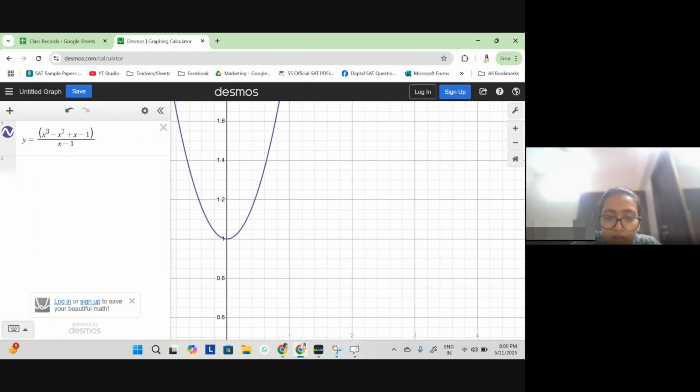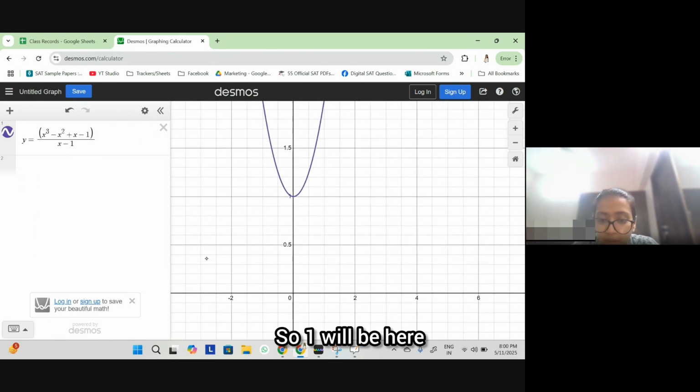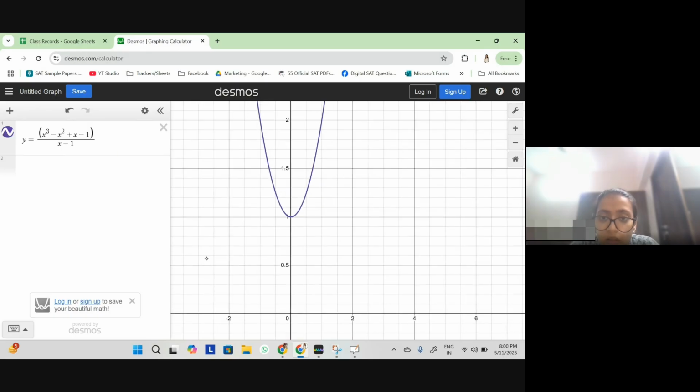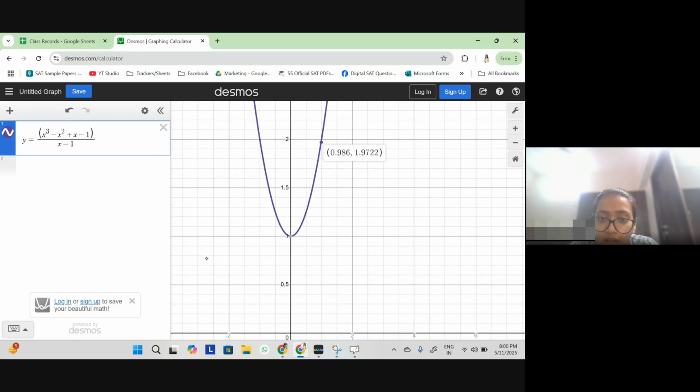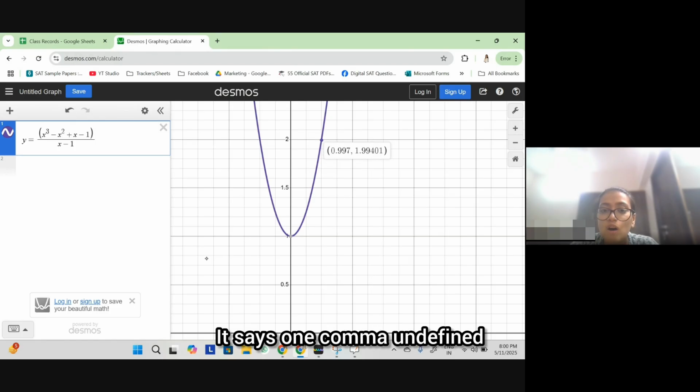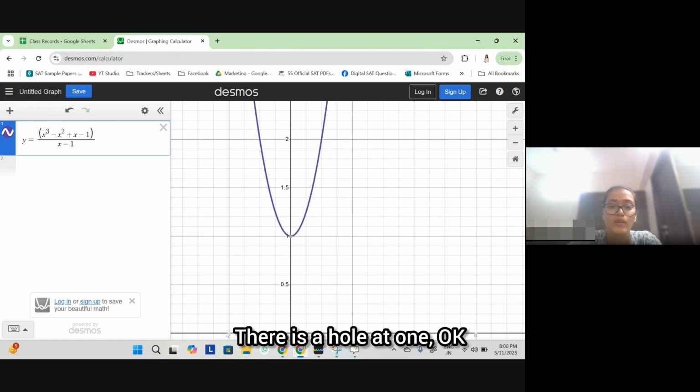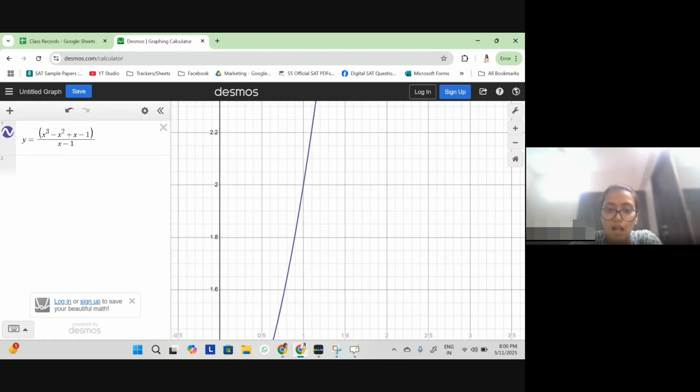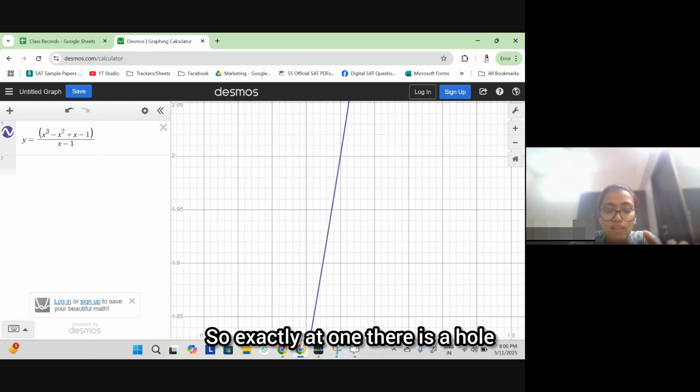If you zoom in, 1 will be here, and see, there is a hole. It says 1, comma, undefined. You can see this, right? There is a hole at 1.